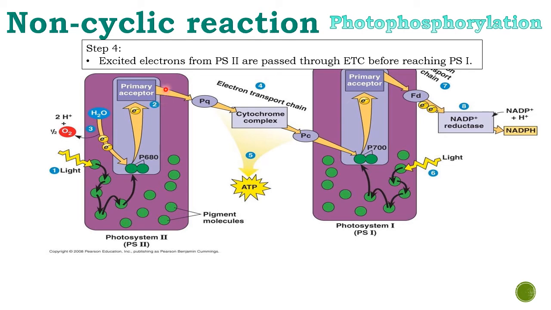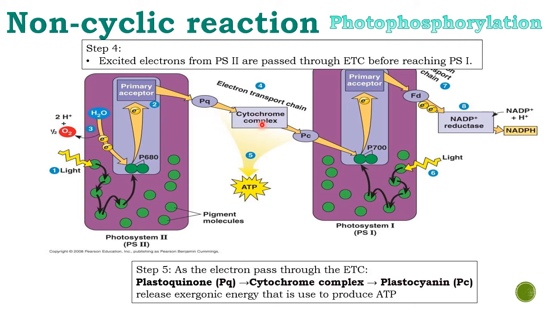The electrons from the reaction center of photosystem 2 go through the ETC before they reach photosystem 1. As the electrons are passed through the ETC, from plastoquinone, cytochrome complex, and plastocyanin, exergonic energy is released, and this energy will be used to produce ATP.